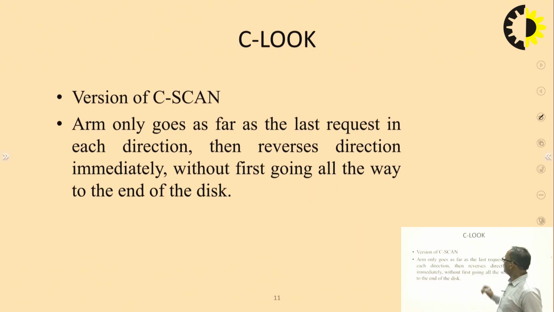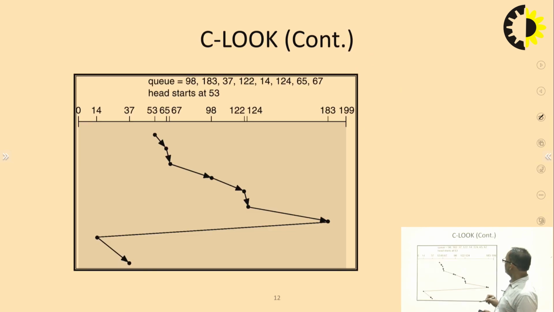Okay, next algorithm is the C-LOOK algorithm. The C-LOOK algorithm is basically a version of C-SCAN. Let us understand with the help of this example. So this is the queue of input output requests, current position is 53. So in case of the C-LOOK algorithm, what will happen?